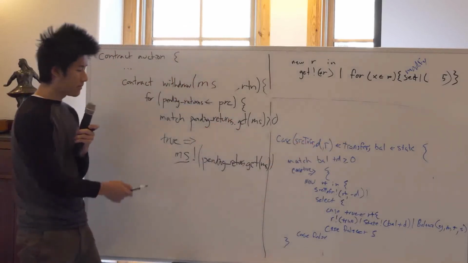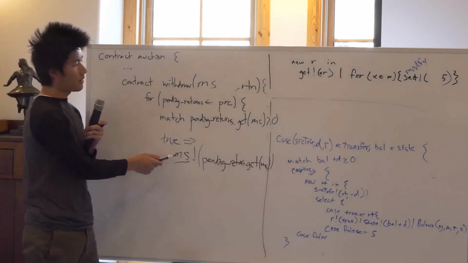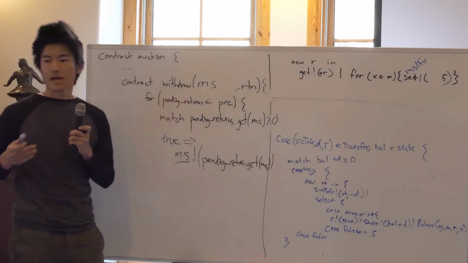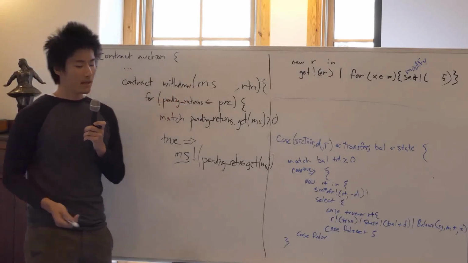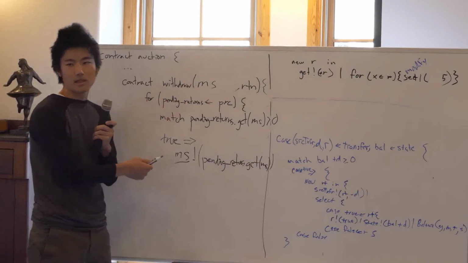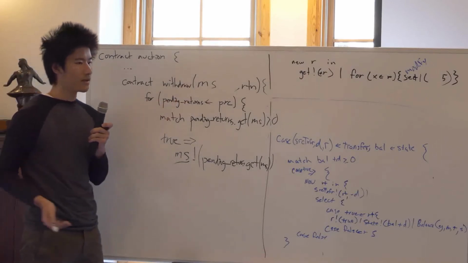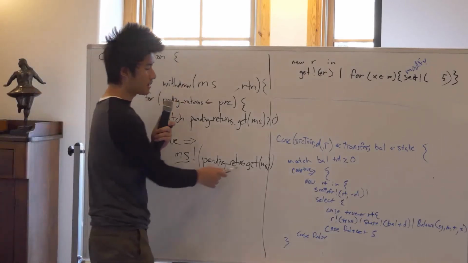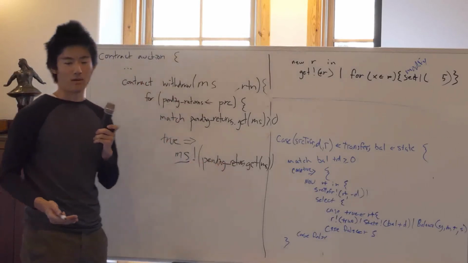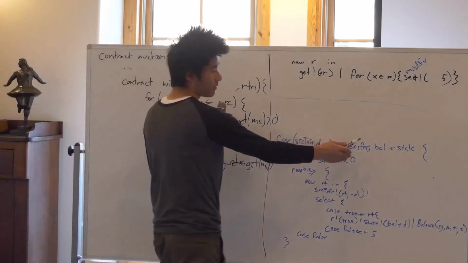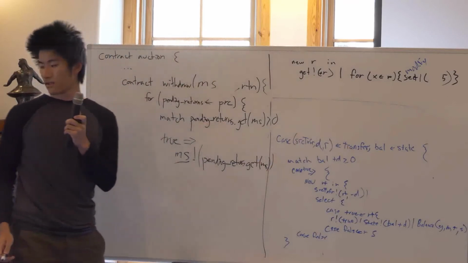We can do this because we know that MS is a blockchain address, right? If this was just a different channel, let's say a TCP port, then this is just sending an integer, and we're not actually calling over to the transfer function.